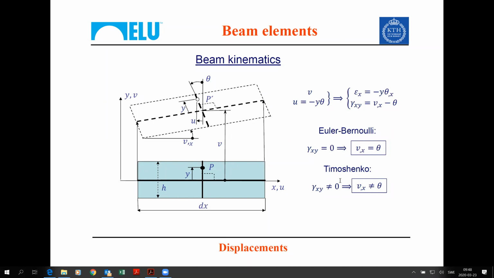However, Timoshenko theory says gamma xy is not equal to 0. There is a shear strain there. The shear strain that is changing the angle between the deformed beam axis and the cross section. And which actually means that dv dx is no longer equal to theta. Actually, the difference between these two terms will give you the shear strains.